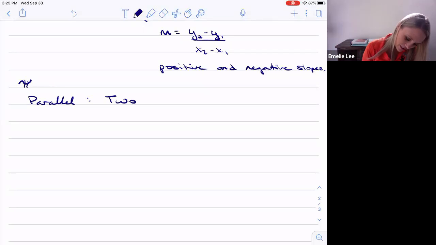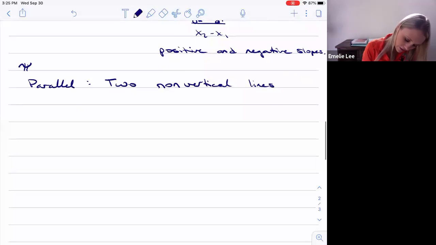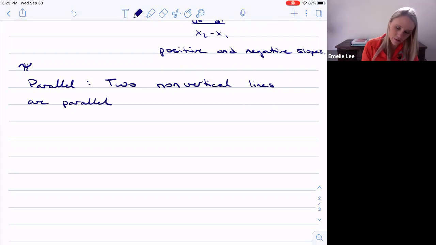Two non-vertical lines are parallel. Non-vertical meaning they can't be like this, which we'll see later. Well, that actually has a bit of a slope, actually a lot of slope.